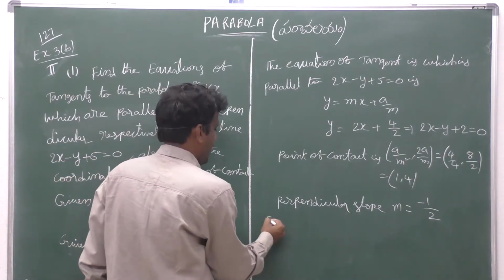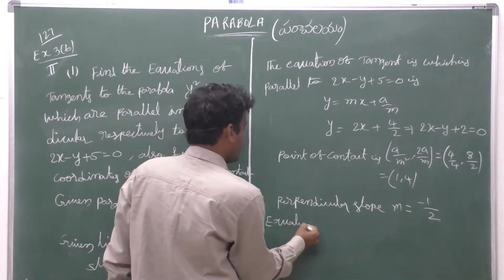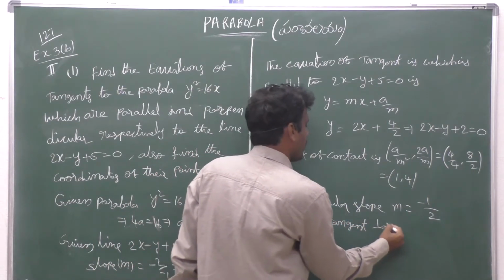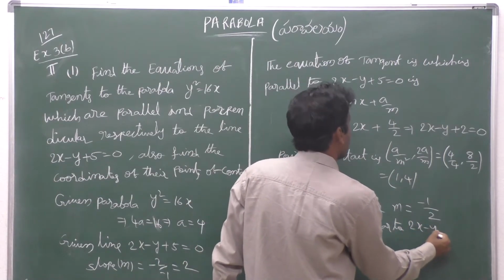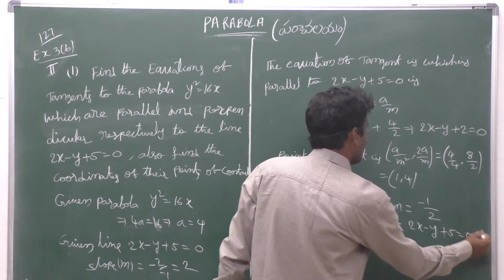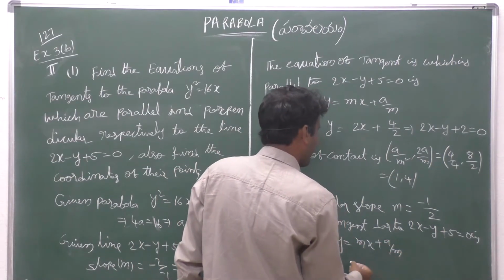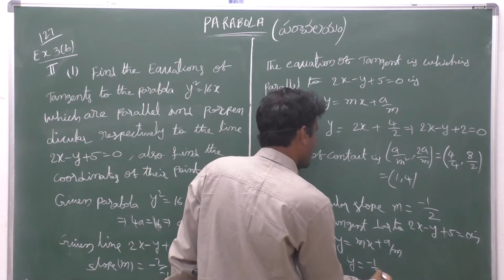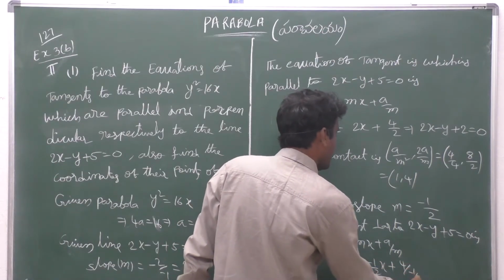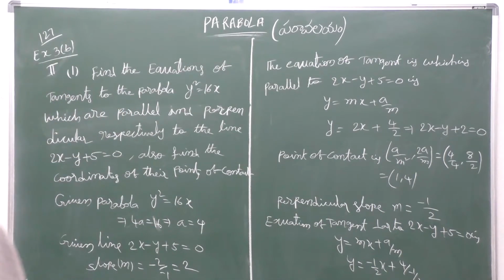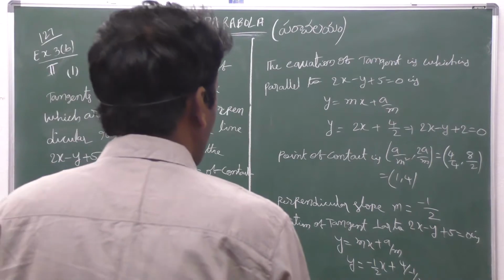Therefore, equation of tangent perpendicular to 2x minus y plus 5 equal to 0 is again y equal to mx plus a by m. That is y equal to m means minus 1 by 2 x, a means 4 by minus 1 by 2.